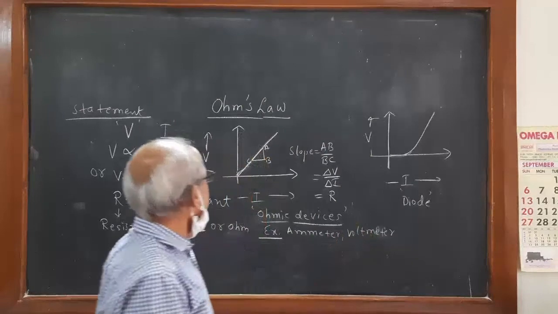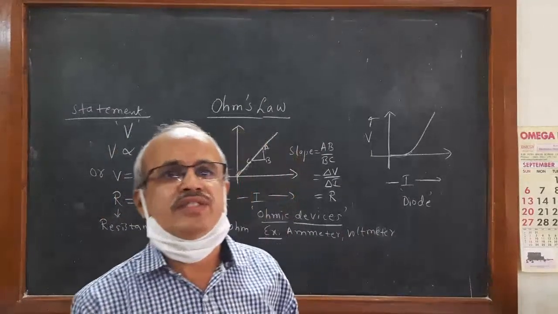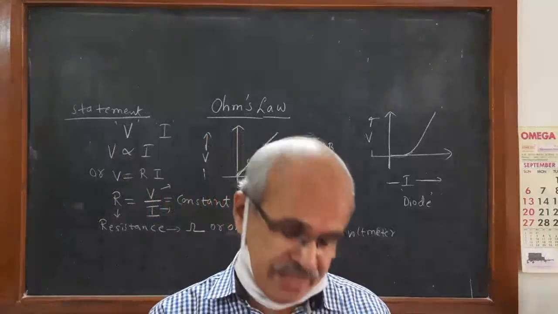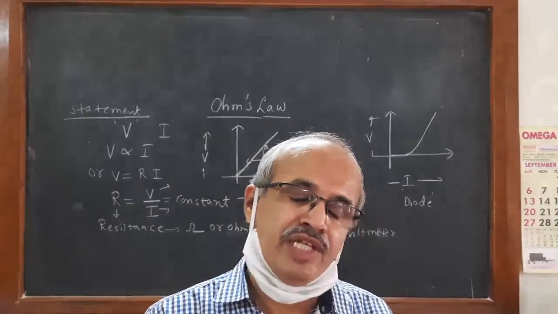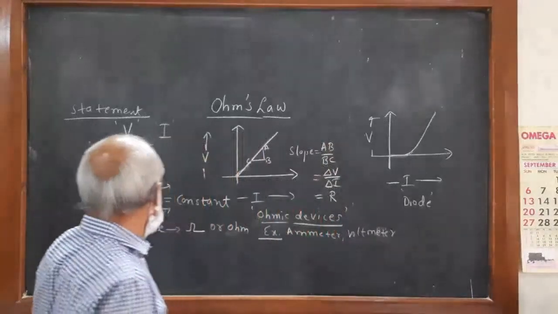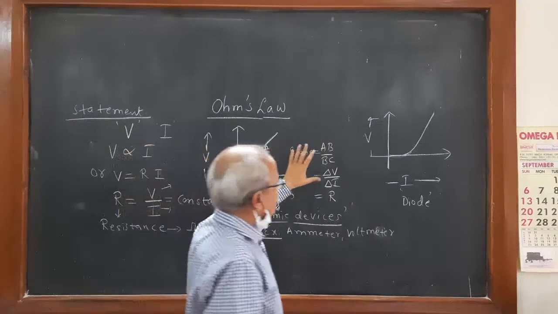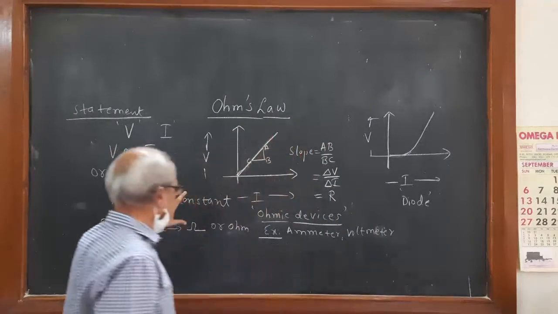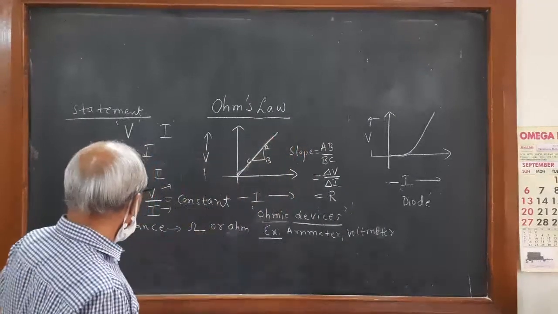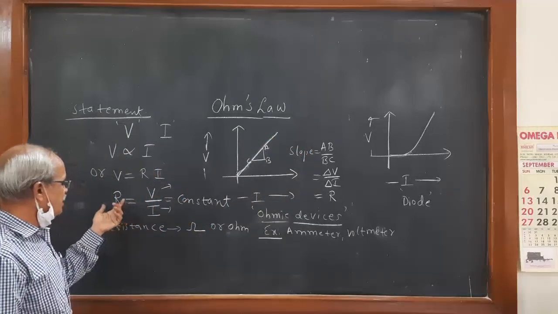Like this you must understand what is Ohm's law and the relationship between voltage and current. Then only you will understand Ohm's law, and once you understand it, you will understand resistance.